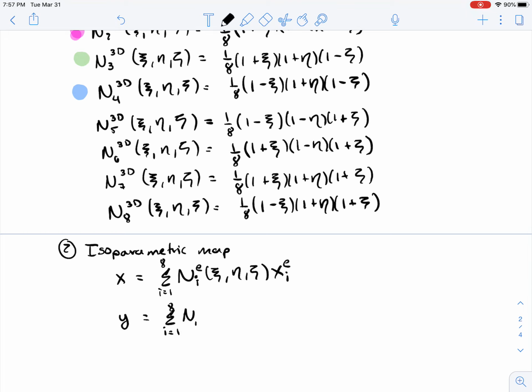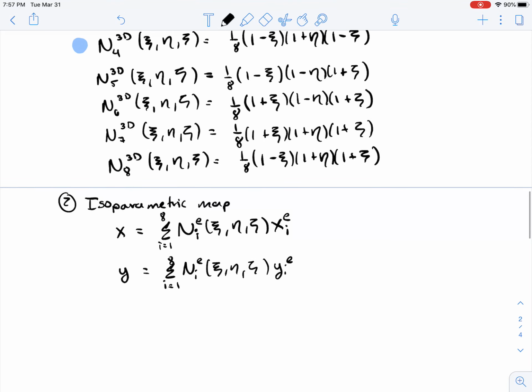Then y is just going to be the same, so the sum from 1 to 8 of the shape functions that we just defined in terms of psi, eta, zeta, times the y coordinates of the nodes, and then z, again, the sum of shape functions times z coordinates.